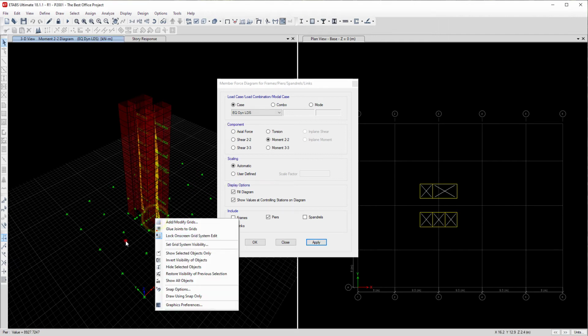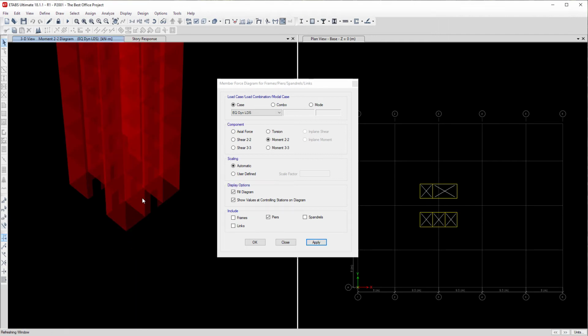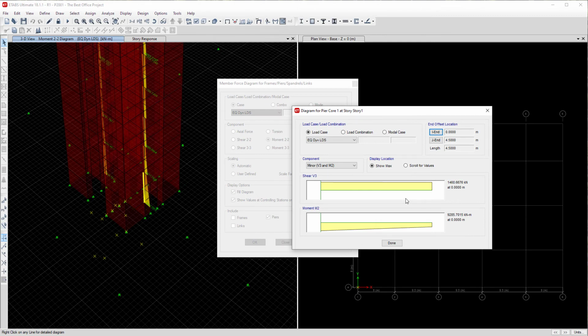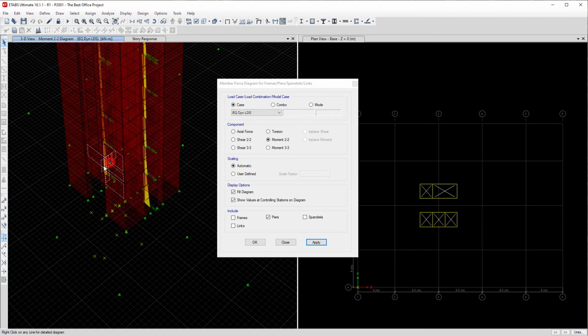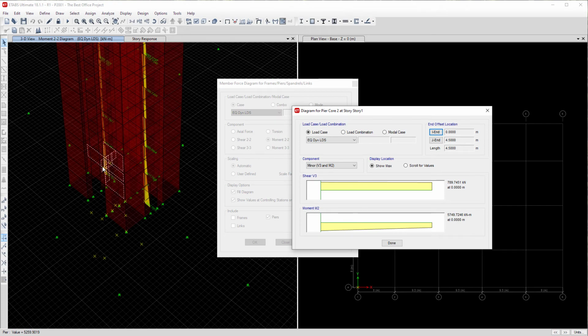And if we click here, we can see that this one is taking about 9,300 overturning moment, and this one is taking about 5,750. So their total is 15,000.